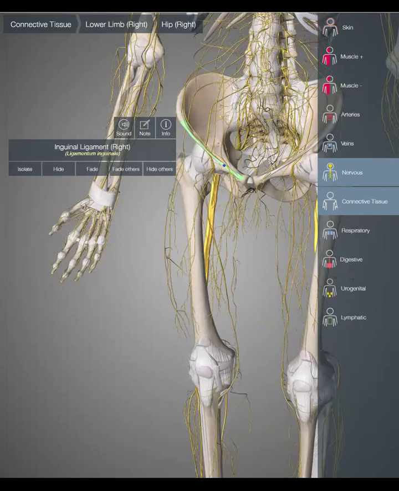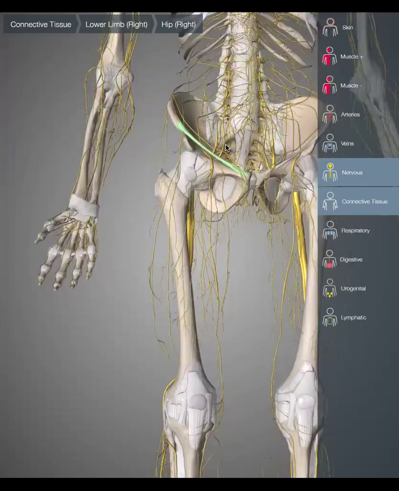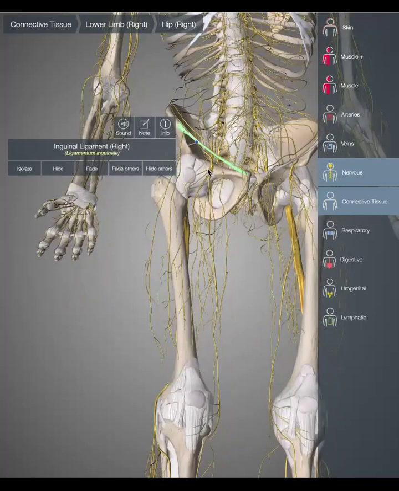Now, the anterior division and the posterior division of the femoral nerve have branches. As the femoral nerve passes underneath the inguinal ligament, it will divide into anterior and posterior divisions.